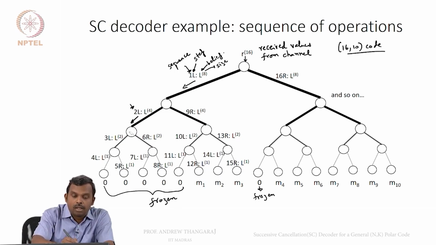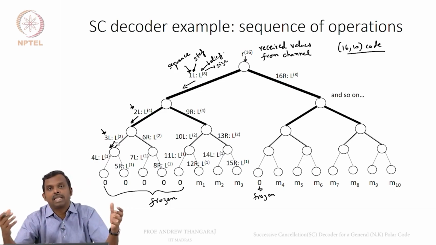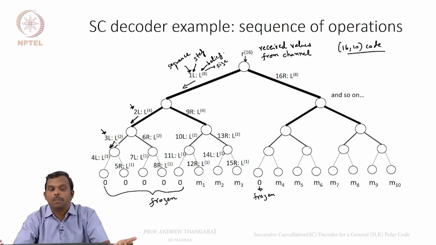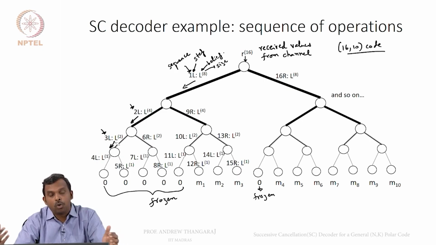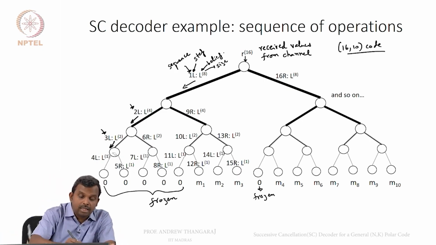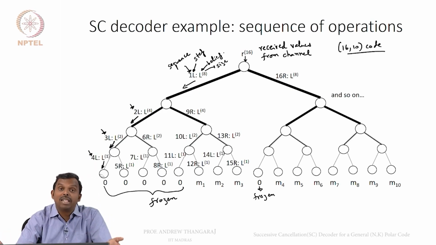Once this third child gets activated, it will do this step, which is again an L. Remember, whenever a node gets activated, it always does L first. So it does L, then 4 beliefs become 2 beliefs, and then this node gets activated, and in the fourth step it will do L again, and now you have a leaf node. It just receives a single belief and it's actually frozen, so it will send back 0.